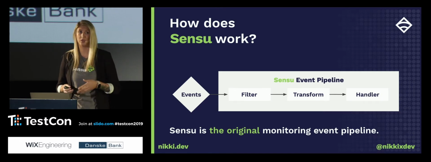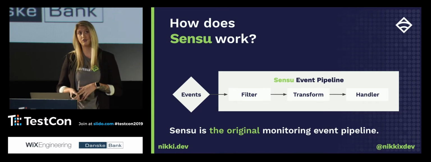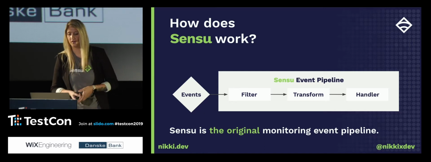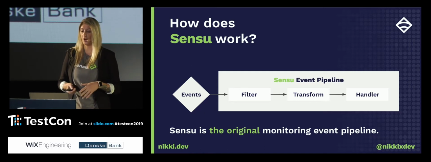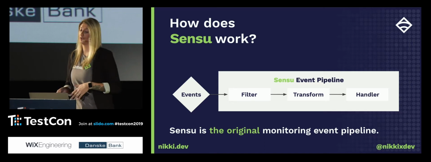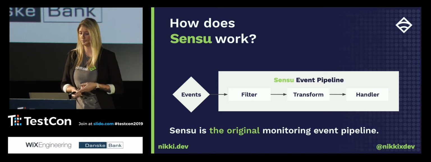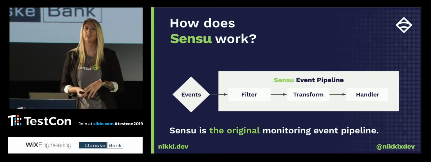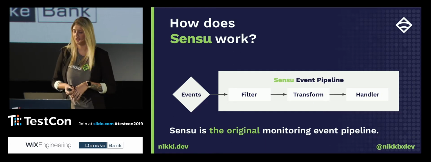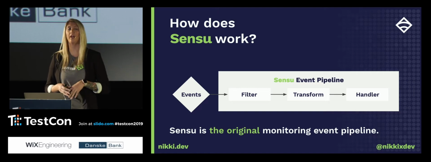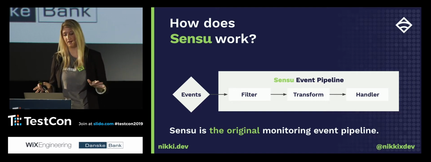Sensu can push and pull data in hybrid infrastructures to provide visibility into the health and performance of your systems. By executing Nagios-styled service checks on monitored nodes, it creates events that it can filter, transform, and handle. It also follows the monitoring as code ideology, so the pipeline is extremely powerful and 100% completely customizable.